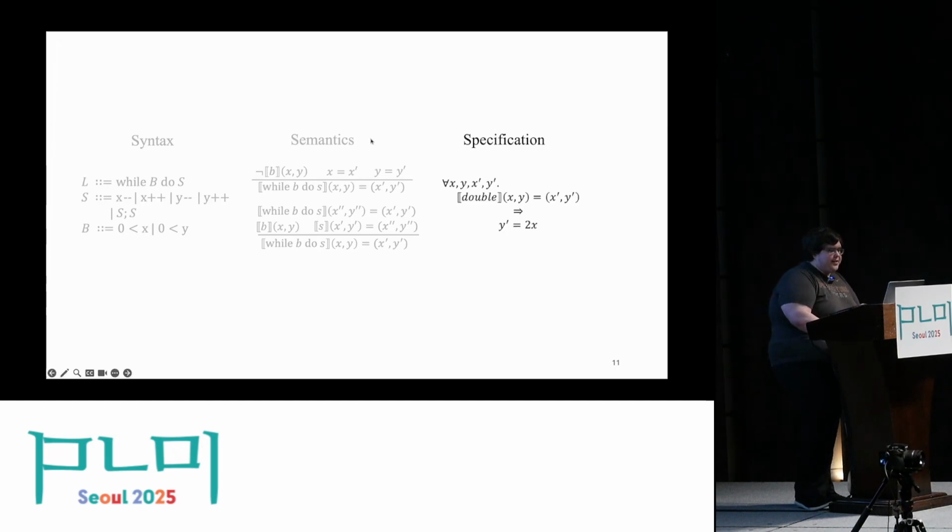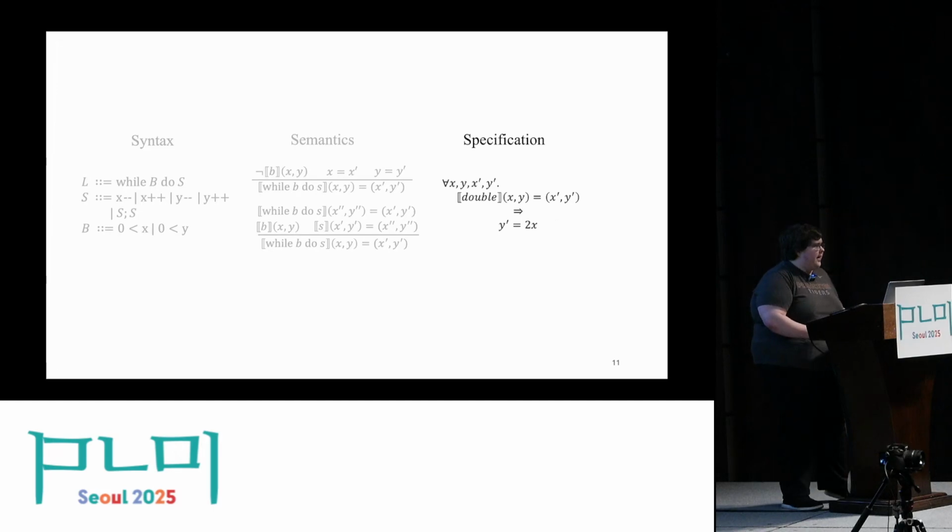And so this is just saying that for the input state and output state, represented by the prime variables, our desired function double, if it terminates on the input x, y, does so in the state x prime, y prime, and the final value of y is equal to twice the input value of x. That's exactly one interpretation of what that prose might mean.